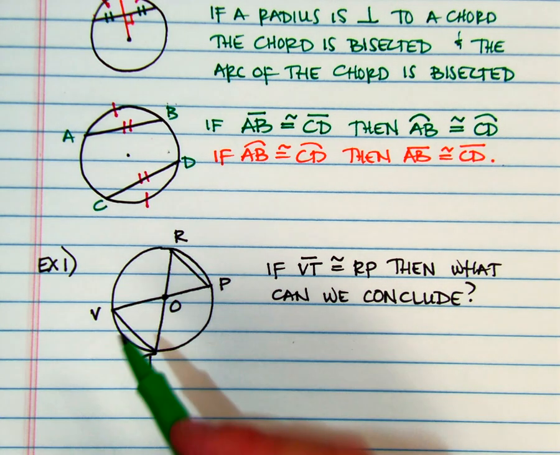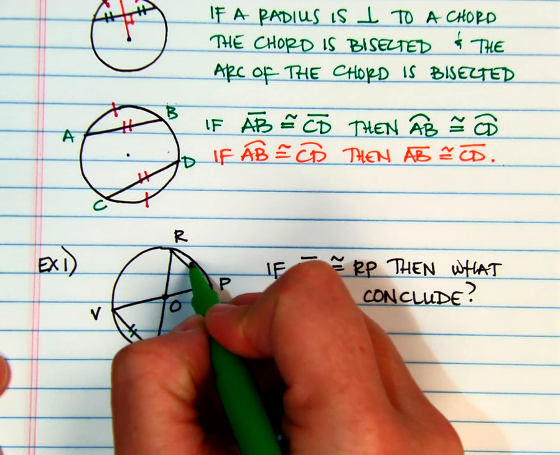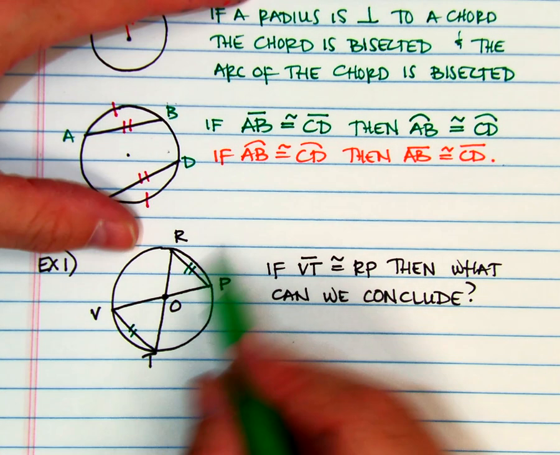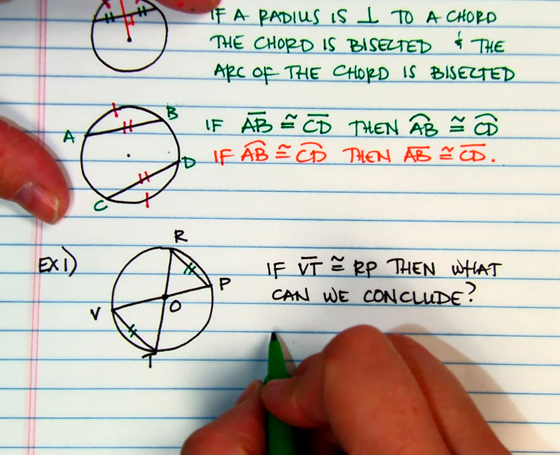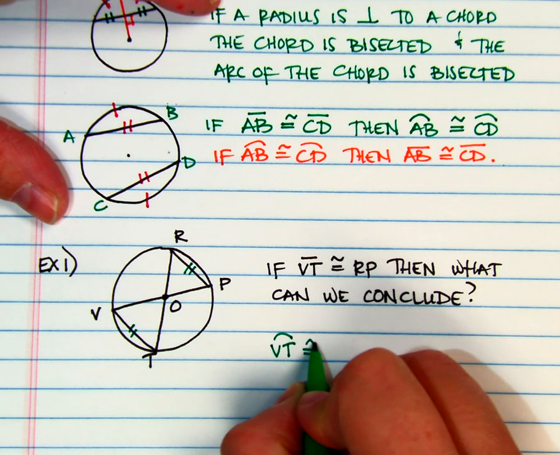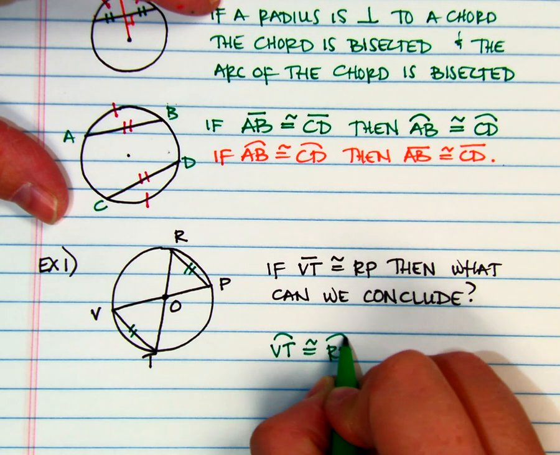Okay, so if the chords are congruent, we are given that information, then what can we conclude? Well, we just talked about that in the previous example, that arc VT would be congruent to arc RP.